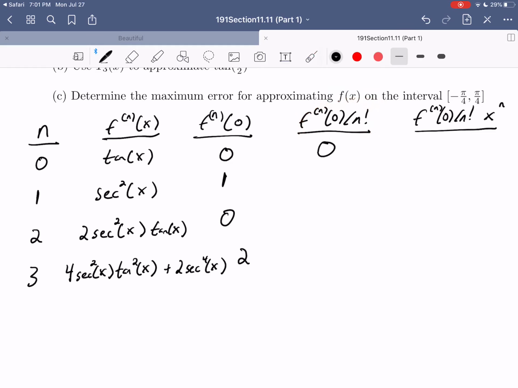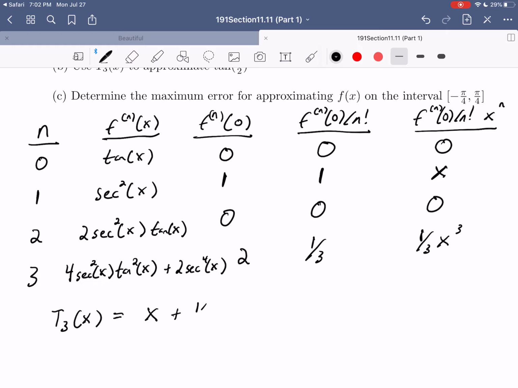So this will be 0, this will be 1, this will be 0, and then this will be 2 divided by 3 factorial, which is the same as 6, so 1/3. So we're going to get 0, then x, then 0, then 1/3 x cubed. So interestingly enough, T3 of x here is actually x plus 1/3 x cubed.